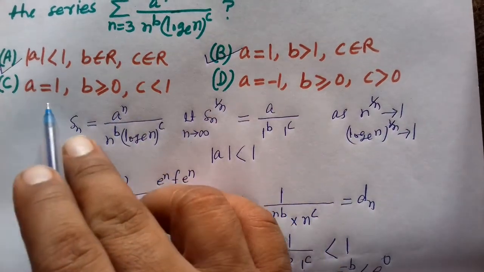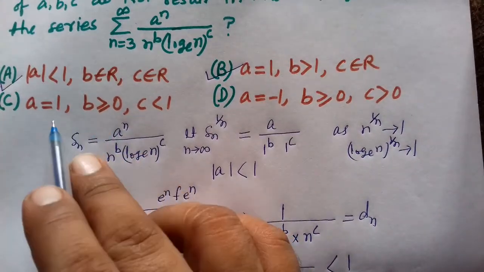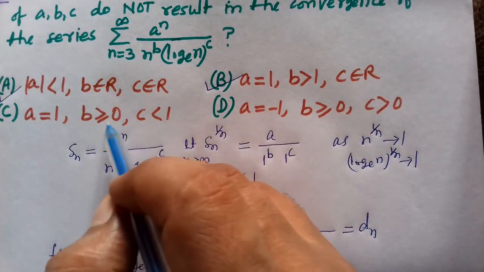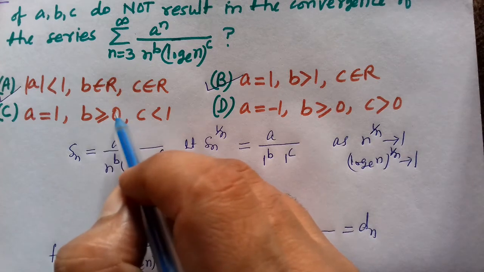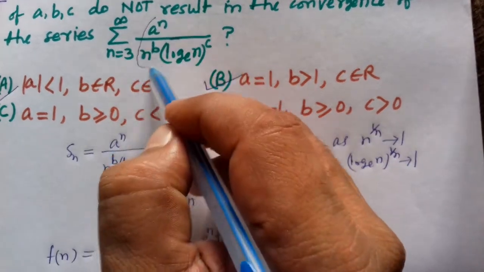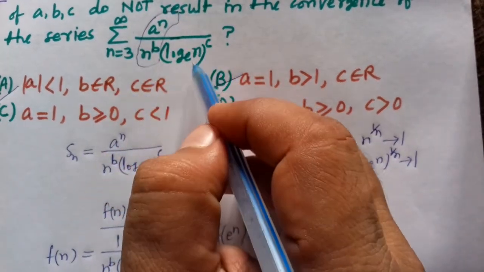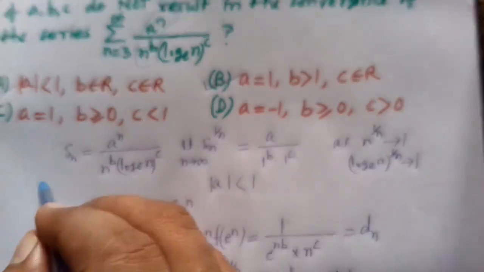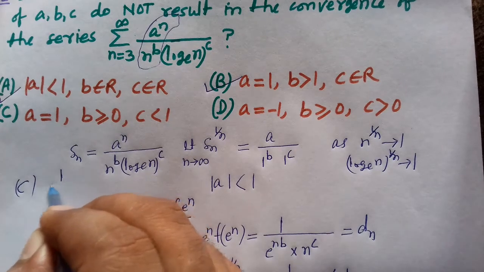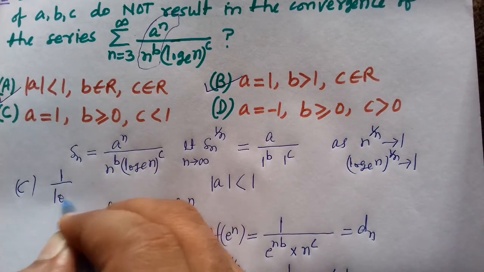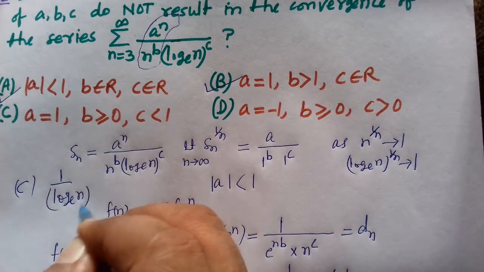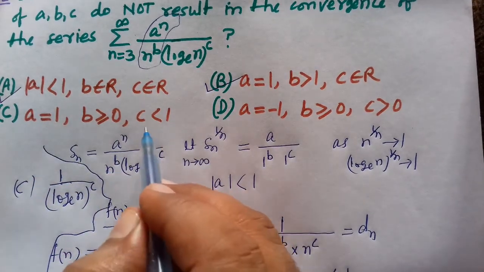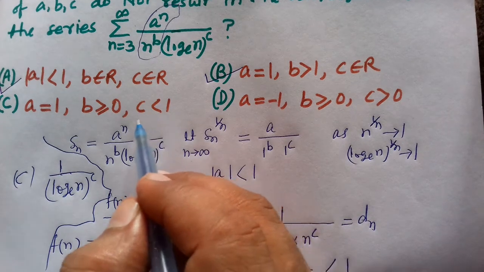Now c, if you see, then here a equals to 1, and if you take b equals to 0, then these two terms will be 1. So here will be 1 by log. For c, the sequence for b equals to 0 will be log e n to the power c. And you know that here c is less than 1. This means that c can be negative.